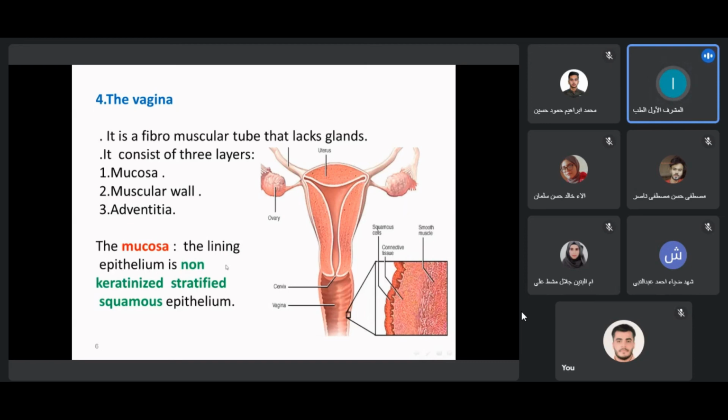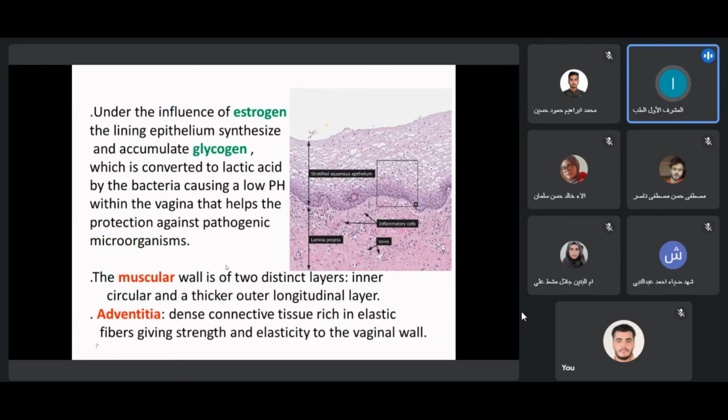The mucosa lining, again, is similar to the ectocervix, which is non-keratinized stratified squamous epithelium. The characteristic feature of the squamous epithelium lining of the vagina is that it accumulates large amounts of glycogen.